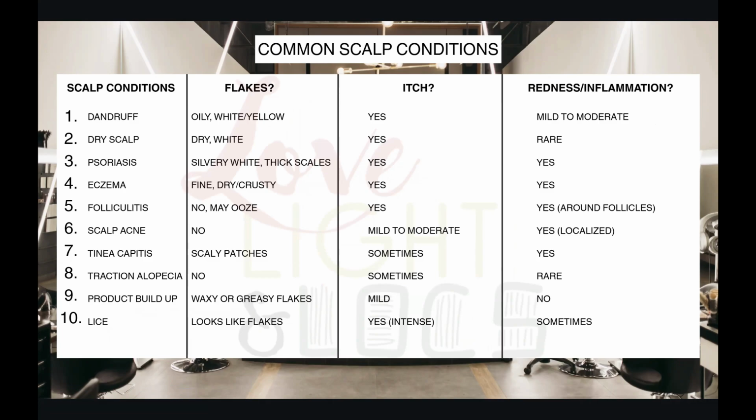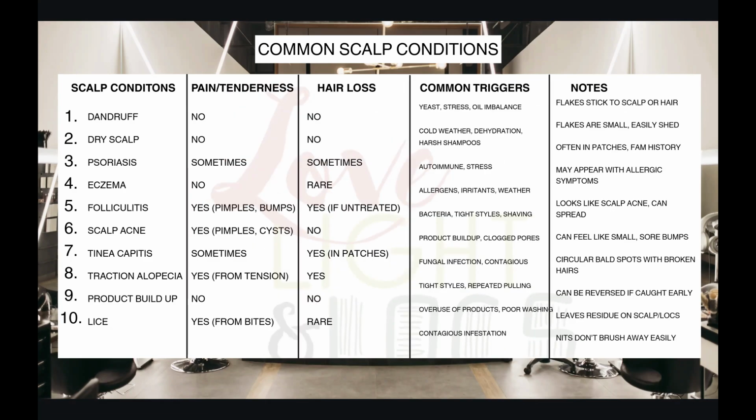And yes, you'll experience redness and inflammation with your scalp ringworm. Ringworm on your scalp can sometimes be painful or tender. It can cause hair loss in patches where the ringworm is present. Common triggers are fungal infection. Be wary because it is contagious.